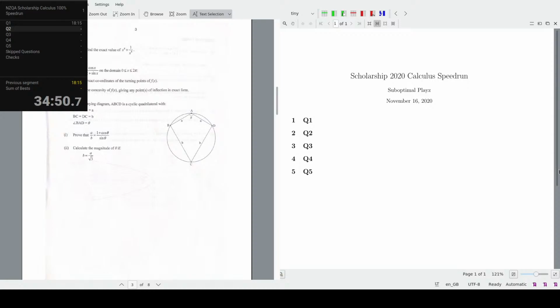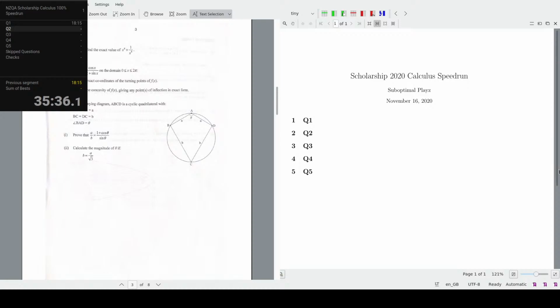Then you're left with something pretty trivial. You get 1 plus 2 sine x minus 2 minus sine x is equal to 0. Sine x is equal to 1. x is equal to pi on 2 or 3 pi on 2. That seems way too nice for an NZQA question. But whatever, yeah, why not?